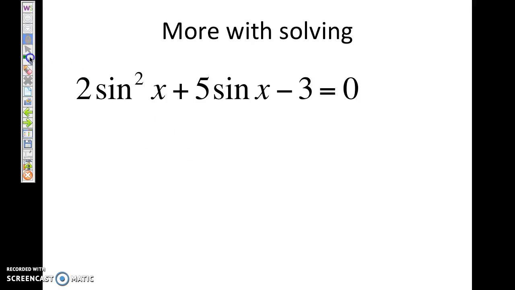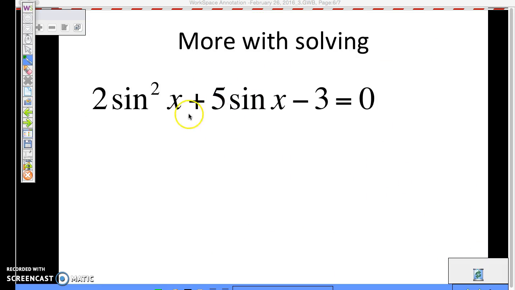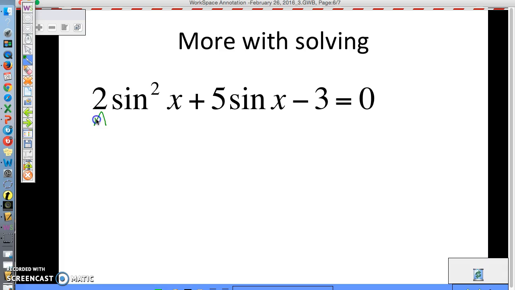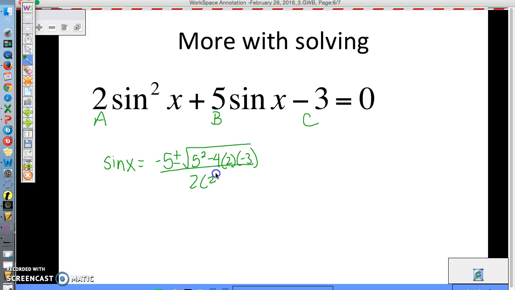So the next one, we moved on and we also solved one where we had to use the quadratic formula. So here's our a value, our b, and our c. But instead of x equals, it's sine of x equals the opposite of b plus or minus the square root of b squared minus 4ac, all over 2a.